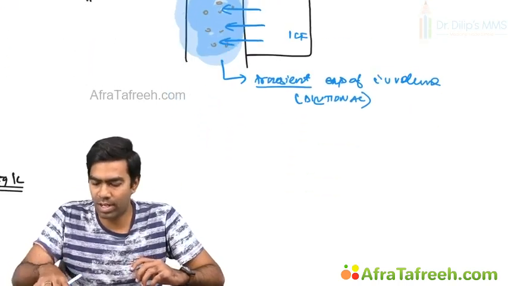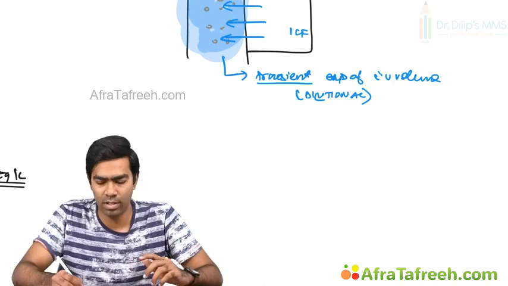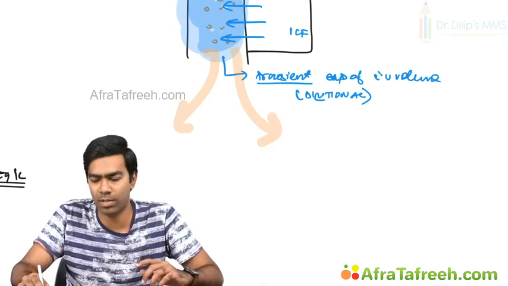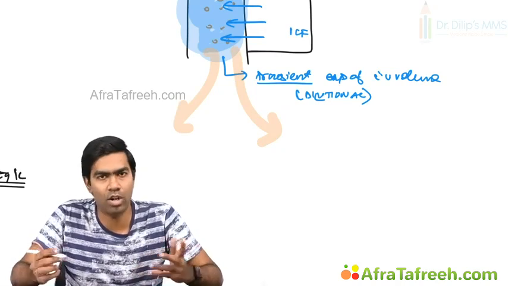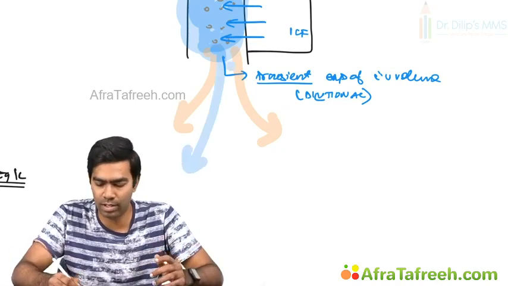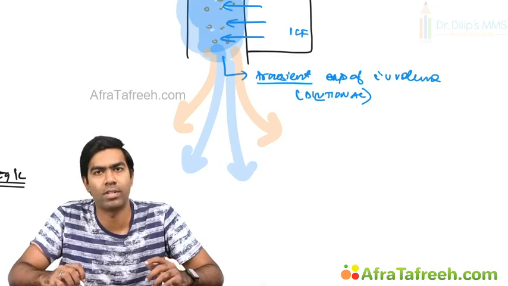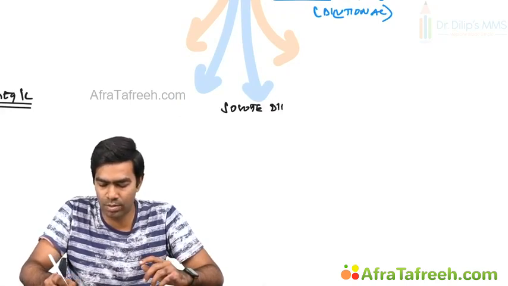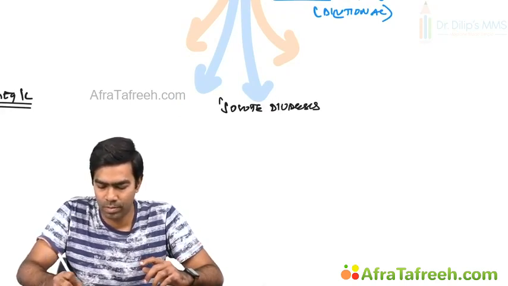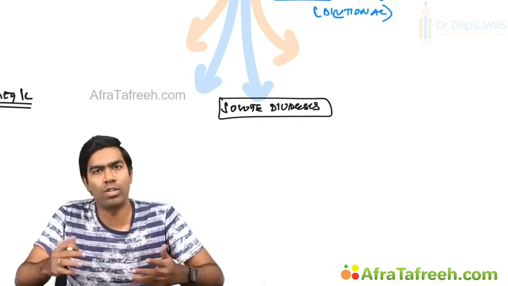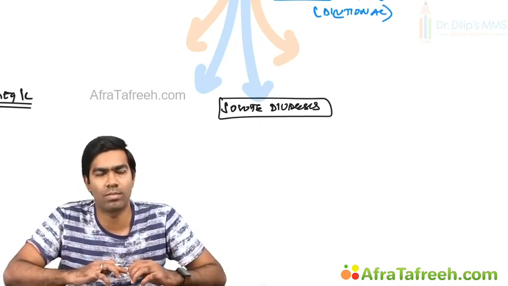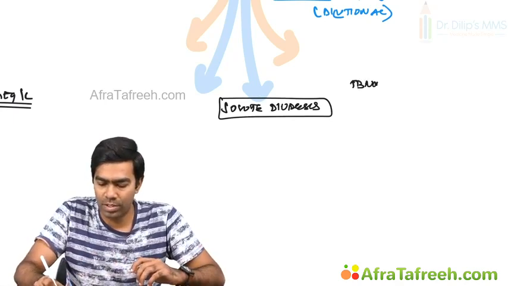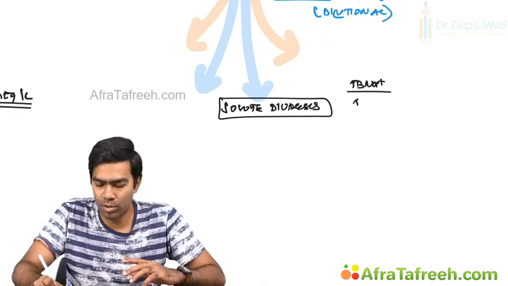And the reason I'm using the word transient all this while is because this solute is not going to stay within the intravascular compartment. They're going to get excreted, and they're not only going to get excreted, they're going to take water along with them. And this principle is what we refer to as solute diuresis. And they are going to pull a lot of water out of the system along with them. So if you take the real equation, it's the total body sodium by total body water.